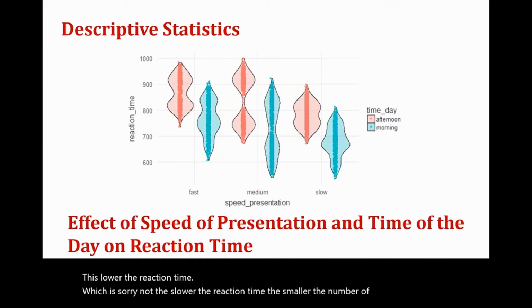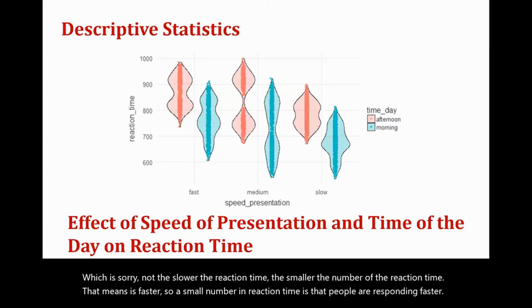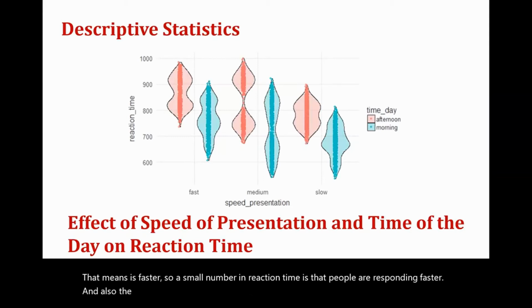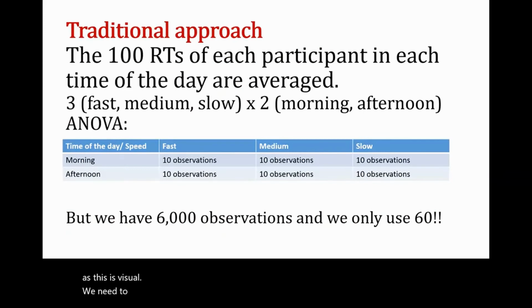That means it's faster. A small number in reaction time means that people are responding faster. It also indicates that people respond faster in the morning than in the afternoon. But this is visual. We need to corroborate it with the multi-level modeling analysis.